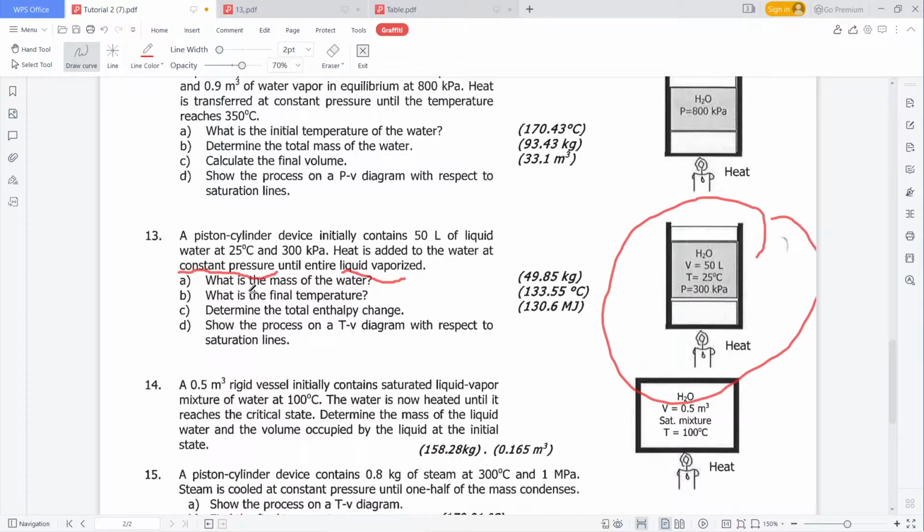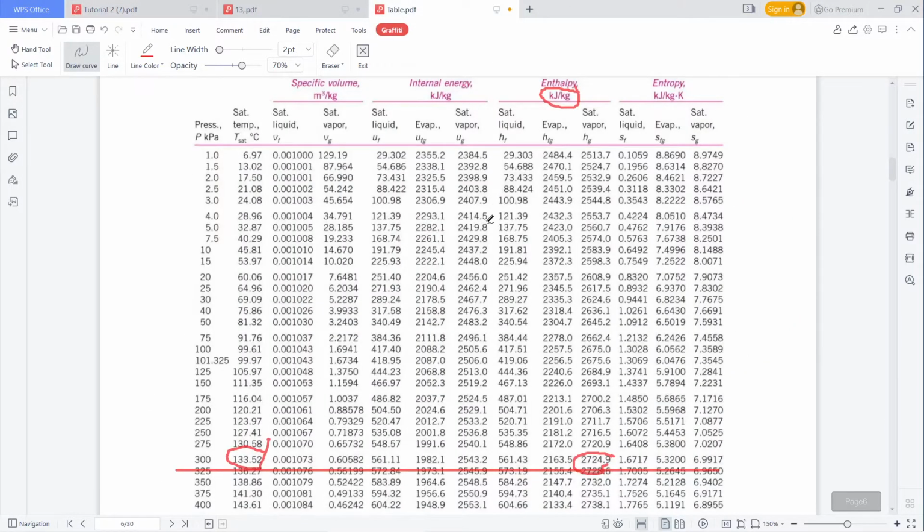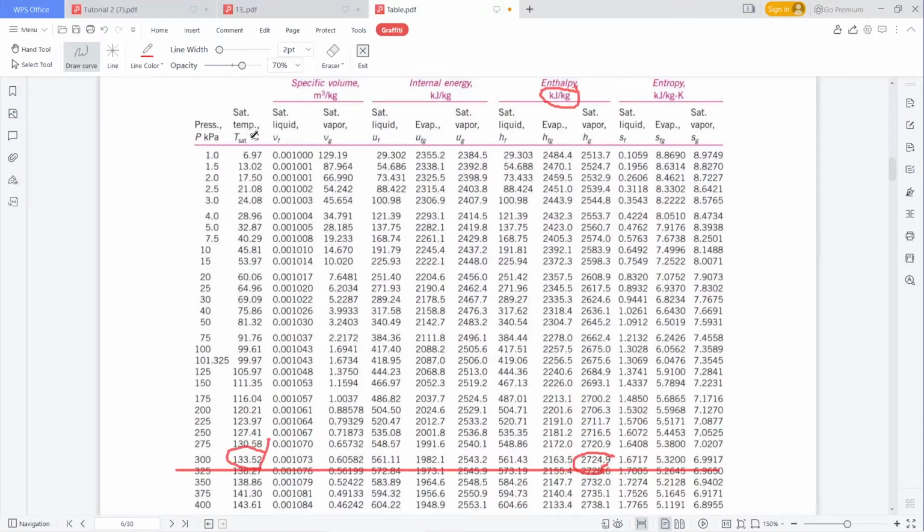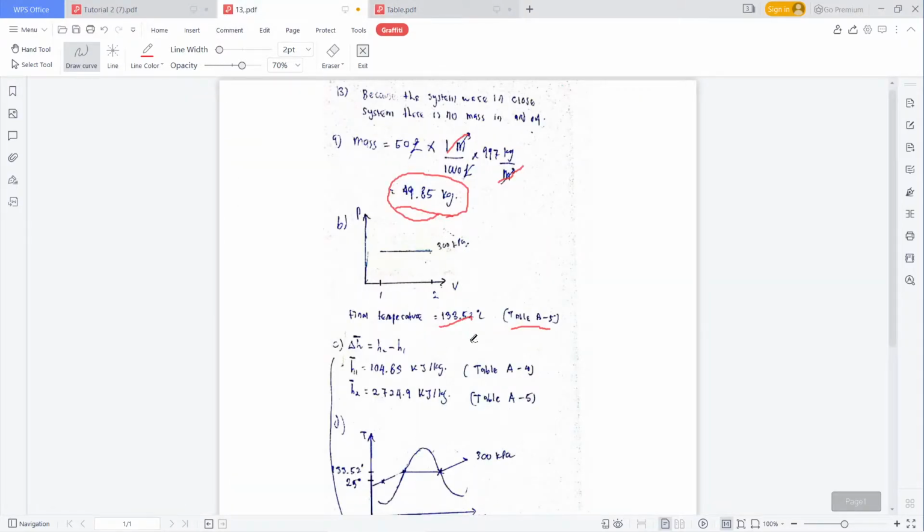So we can define the temperature by referring to saturated pressure table A5. At 300 kPa, the value of T saturated will be 133.52 degrees C. And yes, indeed, it is an answer. So the final temperature is 133.52 degrees C.